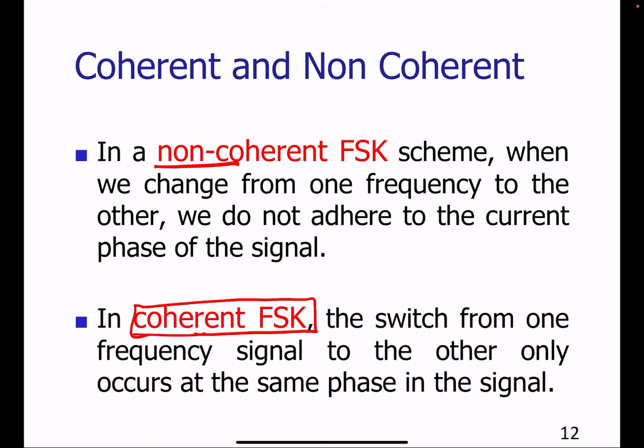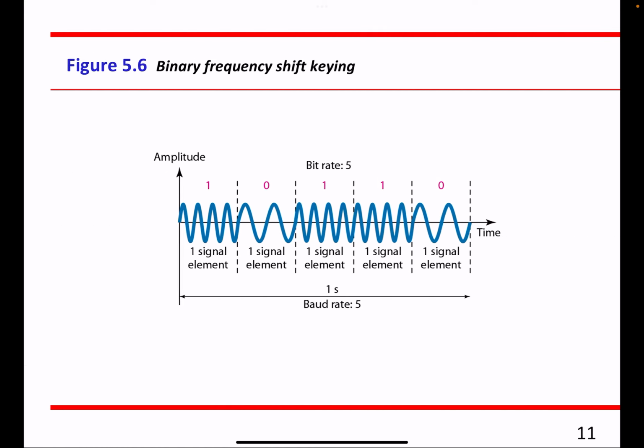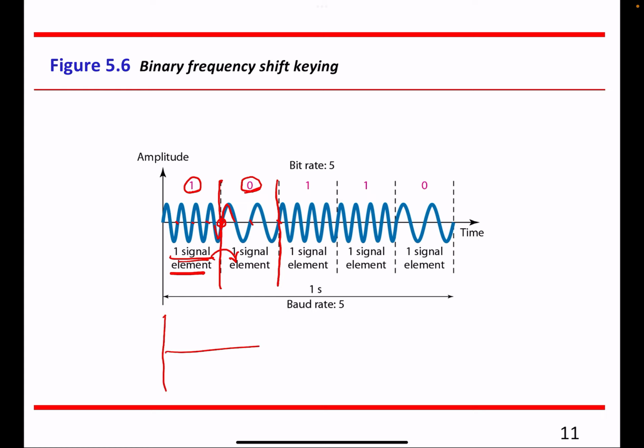And if we do not care about this continuity, so let's say that one signal element starts from here and ends here, and another signal element starts from here and ends here, then look, there is no continuity in phase in this frequency shift keying.